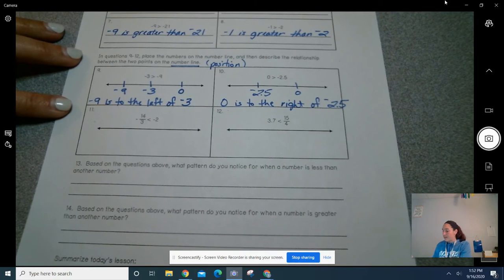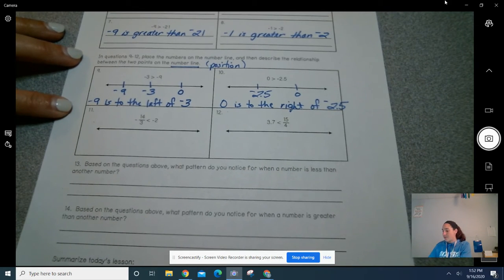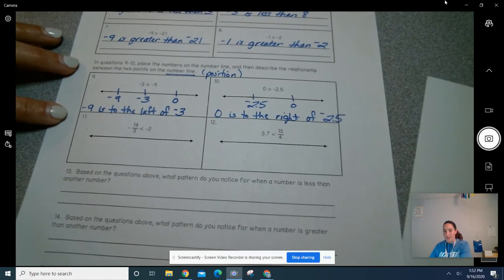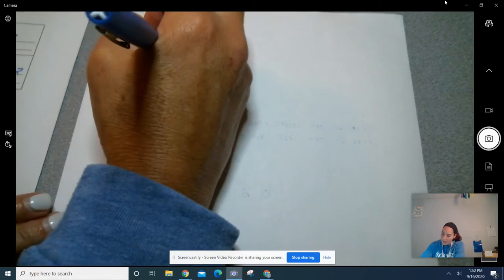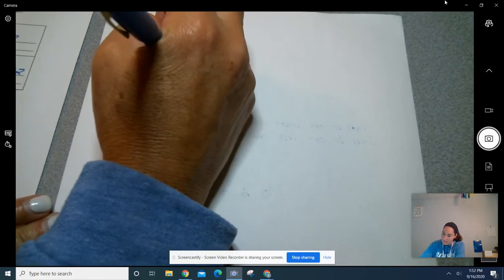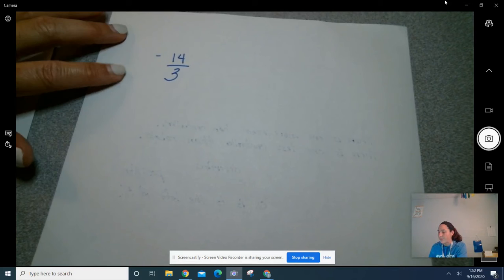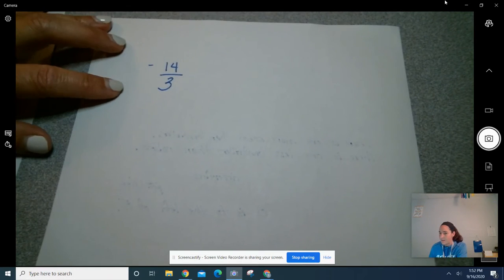Okay, I'm going to do this on a separate sheet of paper for number 11 because I want to make sure that we can do these division problems without a calculator. So you have -14 thirds. And again, when we're dividing, the negative is not going to matter, okay?